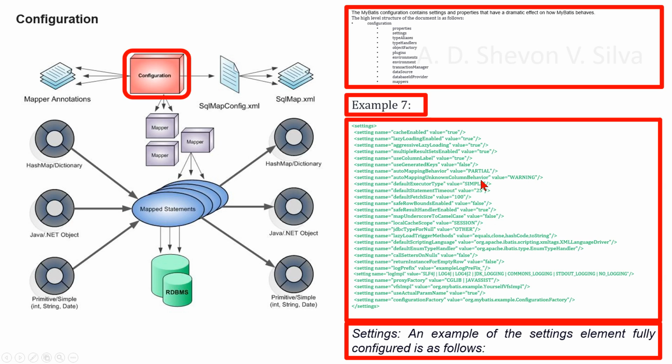Auto mapping unknown column behavior. Specify the behavior when MyBatis detects an unknown column or unknown property type of the automatic mapping target. None: do nothing. Warning: output a warning log.